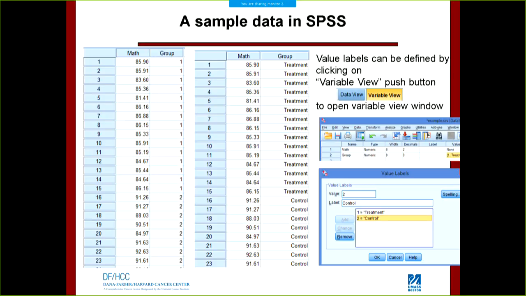And we can also define the value labels, which means we can store all this information in SPSS and then generate a nice output with those value labels. In SPSS, if we go to the variable view window, we can define these so-called value labels. So here I present the data in a numerical format and also in the value label format.